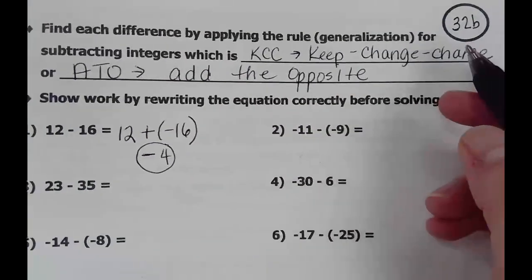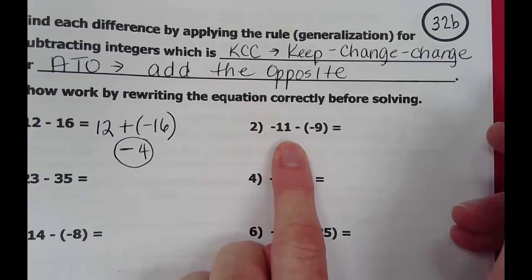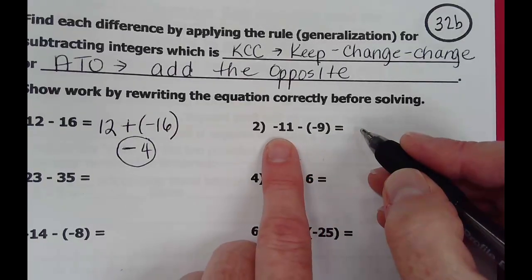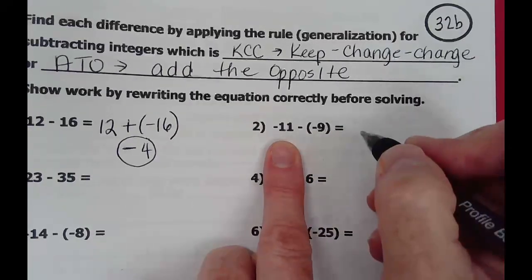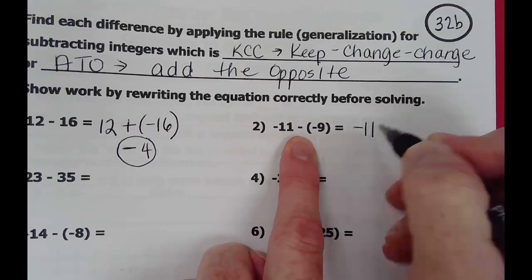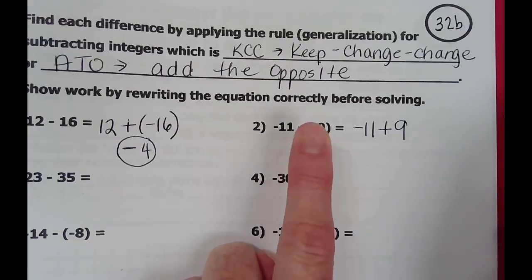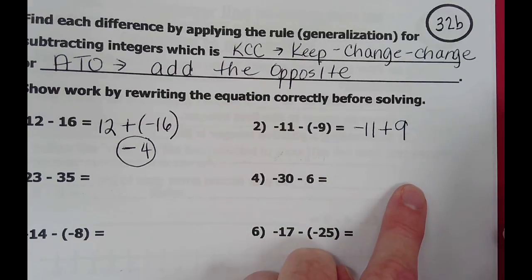Number 2, how am I going to rewrite this subtraction expression so that it is addition? Greenlee, what am I going to write? Good. Nice. So now I have 11 negatives, 9 positives.